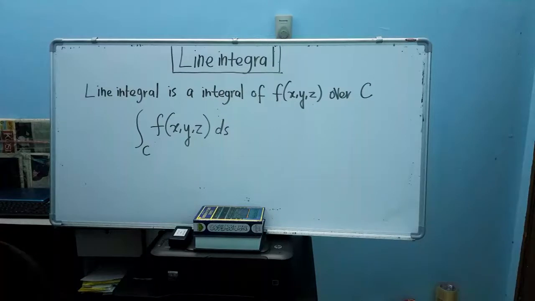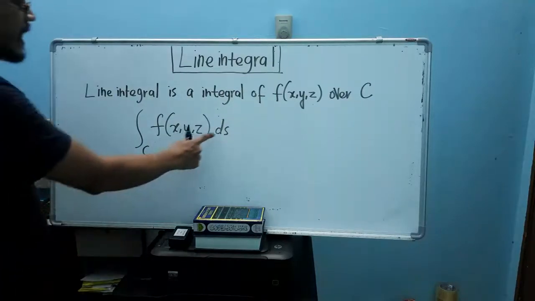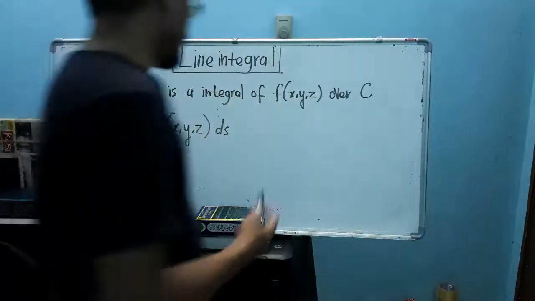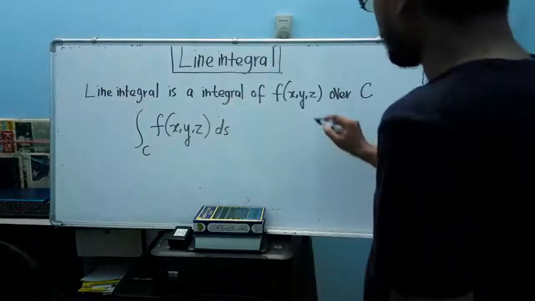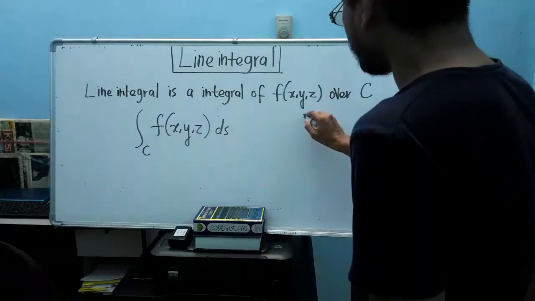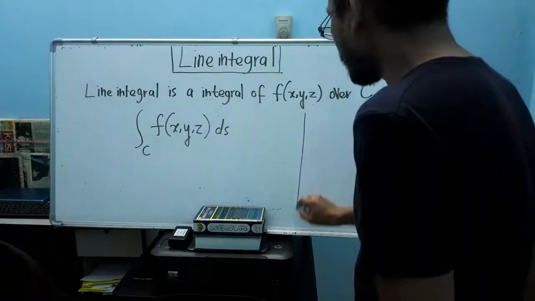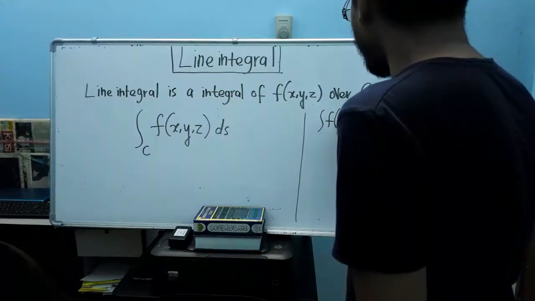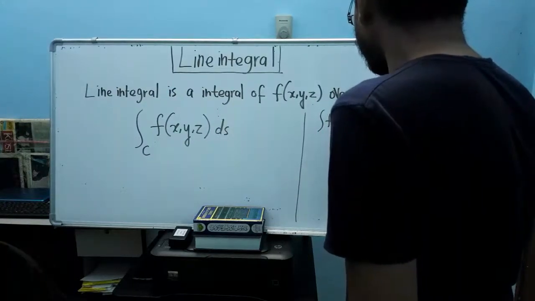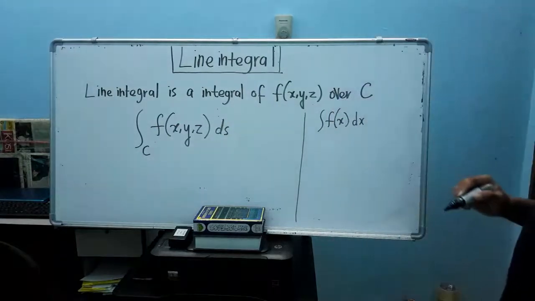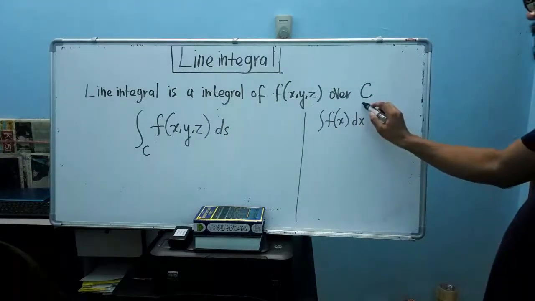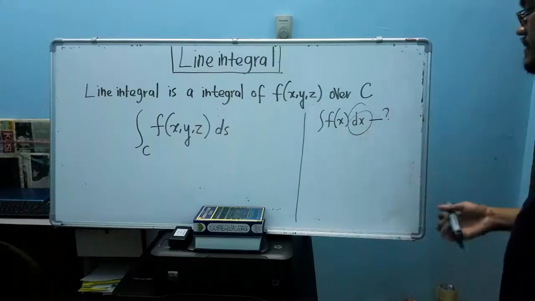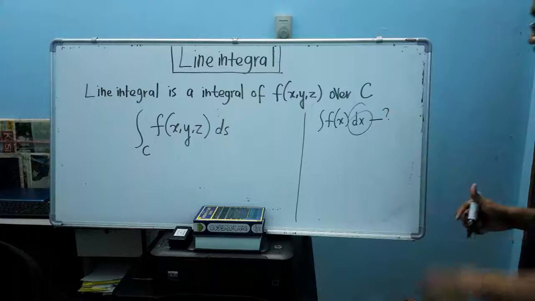Before that, let's discuss the meaning of ds here. I just want to recall from your previous calculus, when you consider the integration of f(x) dx. What is the meaning of dx? dx represents a small length, right?